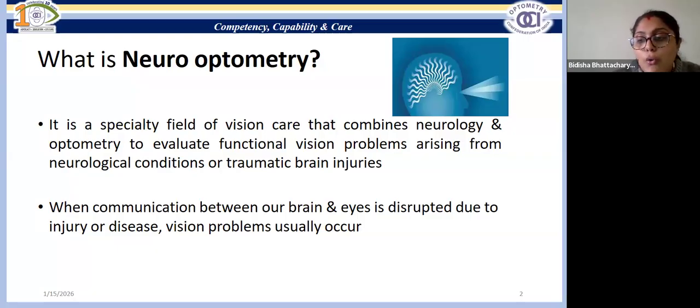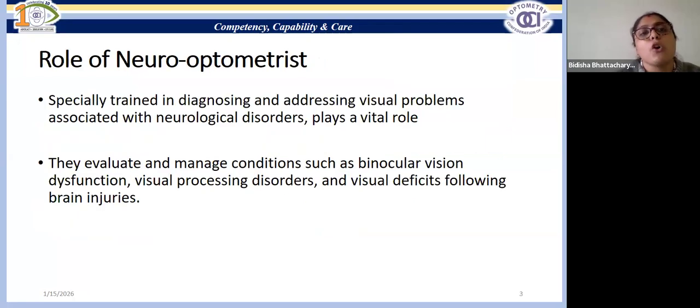The next and most important part of our discussion is the role of a neuro-optometrist. A neuro-optometrist, specially trained in diagnosing and addressing visual problems associated with neurological disorders, plays a vital role. They evaluate and manage conditions such as binocular vision dysfunctions, visual processing disorders, and visual deficits following brain injuries.